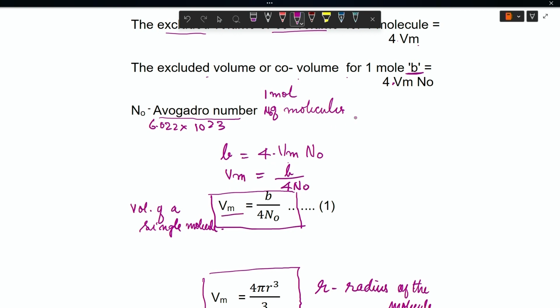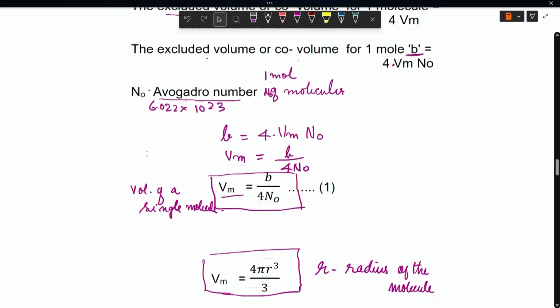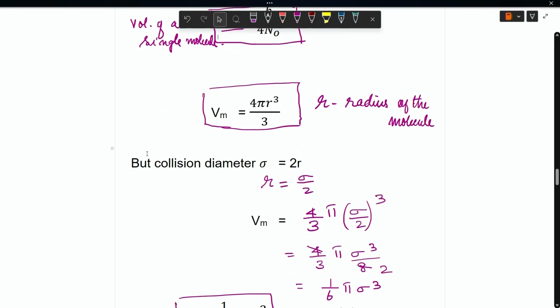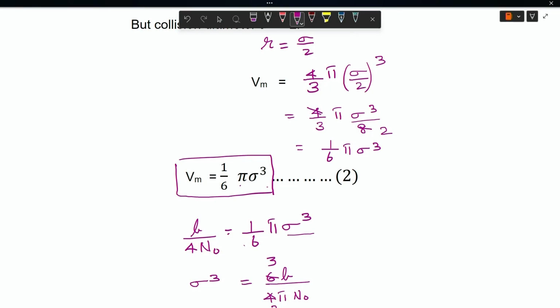From this we found Vm is equal to B by 4 N0 for a single molecule. In another way, considering the molecule to be a sphere and taking the collision diameter as the molecular diameter sigma, and replacing it for radius, we got another expression for the volume of a single molecule, and equated these two.